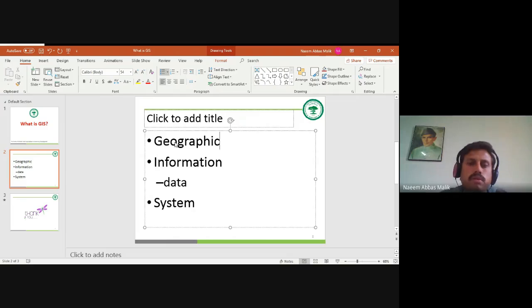If you explore the definition of an information system, you will learn that it is a system which converts data into information. For example, universities have an information system.